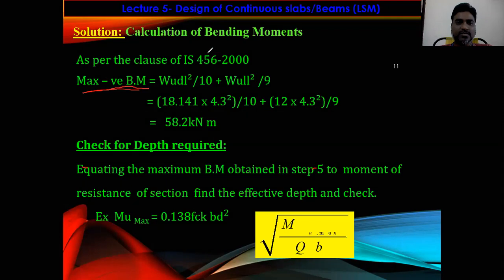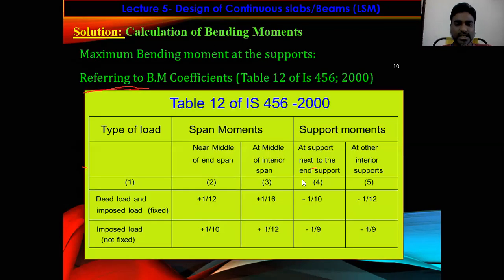Because before going to calculate the bending moments for all the cases, I need to check whether the dimensions I have assumed are sufficient to resist the bending moment which is developed in the beam. That I need to check before going to calculate all the bending moments and reinforcement.